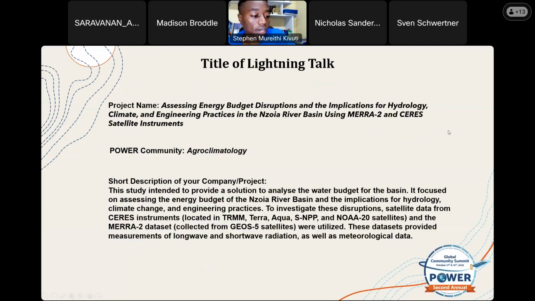Okay, so basically what this slide talks about is that this project was used to assess the energy budgets for Nzoia Basin for many purposes, including making decisions at the national level and the local level in terms of land use, how to manage our infrastructure, and other purposes as necessary.